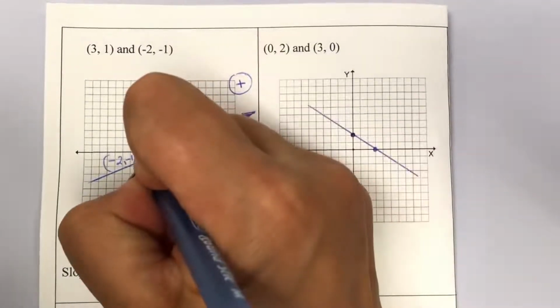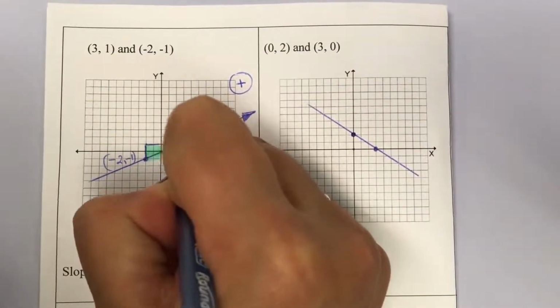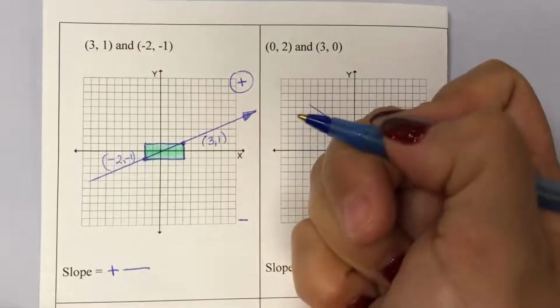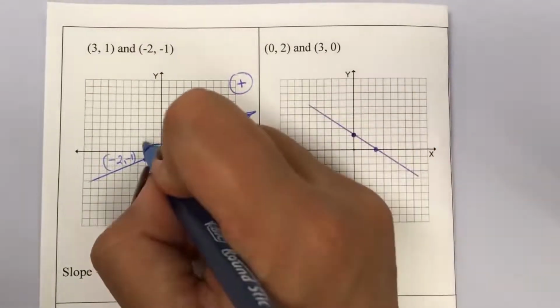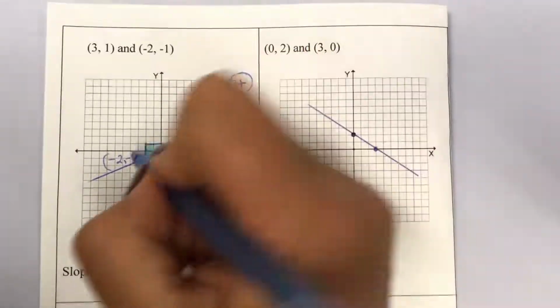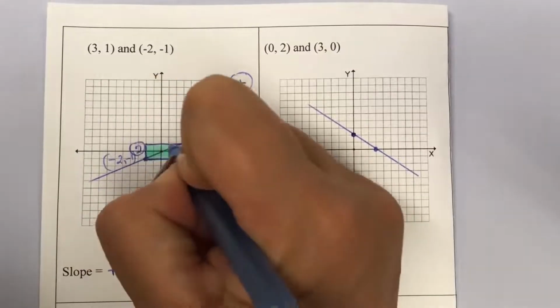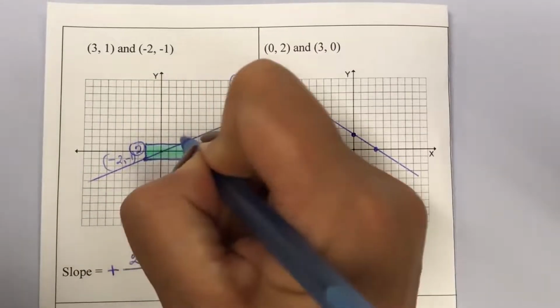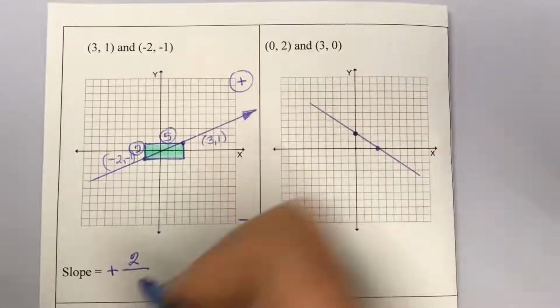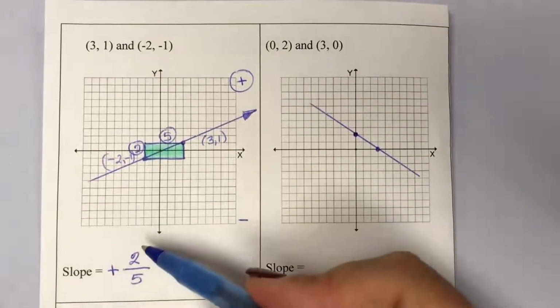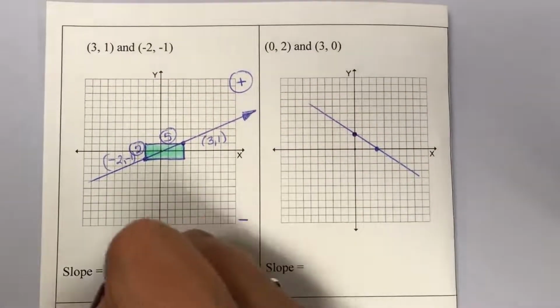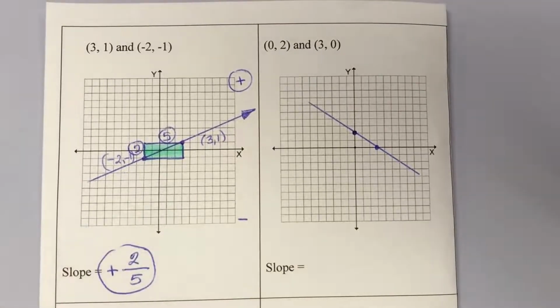So from point to point, I am using my ratio rectangle and see vertical change 2, and then horizontal change 1, 2, 3, 4, 5. So 2 to 5. The ratio cannot be simplified. That becomes your final answer for the slope.